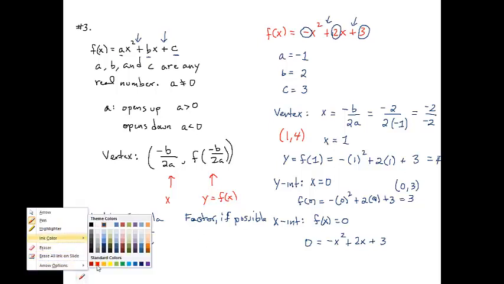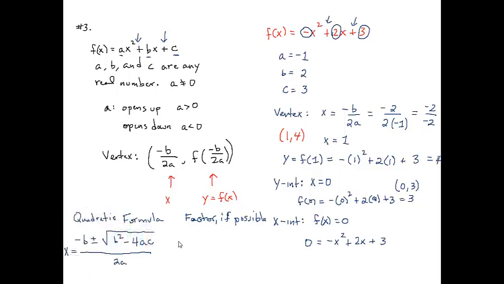So let me change this over to a red. We already labeled up here a, b, and c. You see how important it is to have a, b, and c already labeled? Because we used it here, and we're also going to use it here. So it says negative b, and b is 2, so it's negative 2 plus or minus the square root of b squared, which is 2 squared, minus 4 times negative 1 times 3, divided by 2 times negative 1.